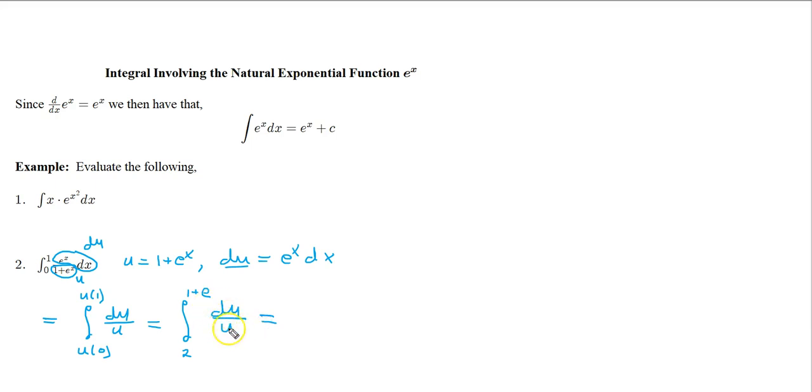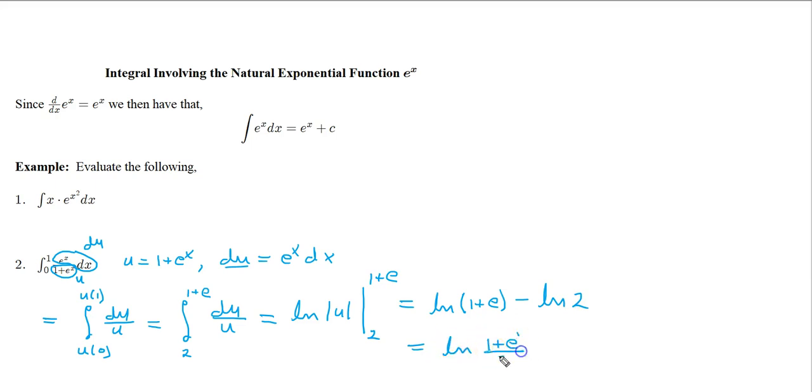Now the antiderivative of 1 over u, well, that's the natural logarithm. And we evaluate that from 2 to, and this becomes, and if you like, you can simplify that as, and then you can evaluate that on your calculator, and that value is approximately 0.6566.